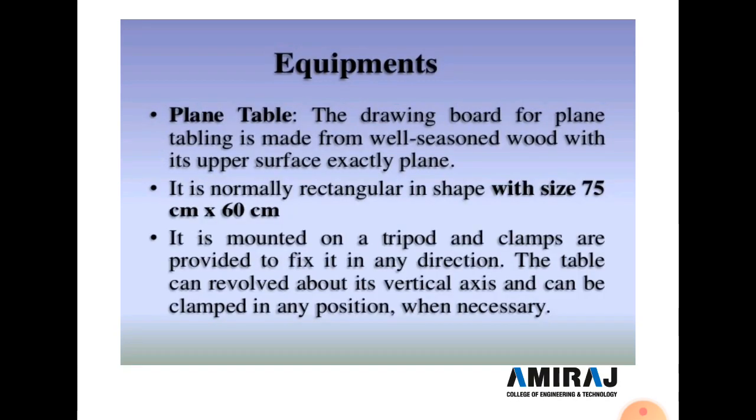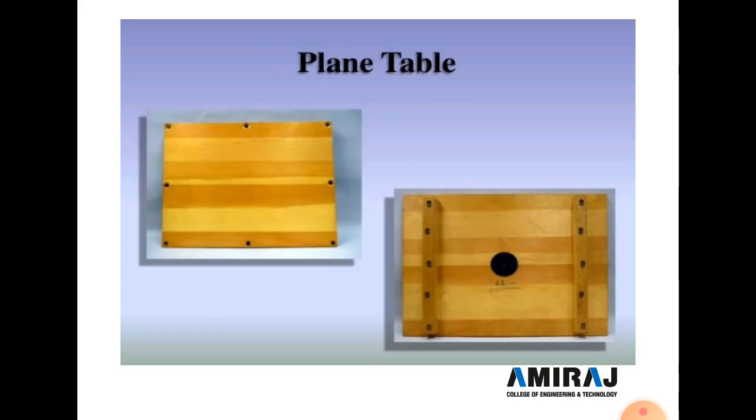This plane table is clamped on a tripod stand, and the plane table can be revolved about a vertical axis, and also can be clamped in any position when it is necessary. So it rotates clockwise or anti-clockwise as per our requirement, because a clamping screw is provided on the tripod stand.